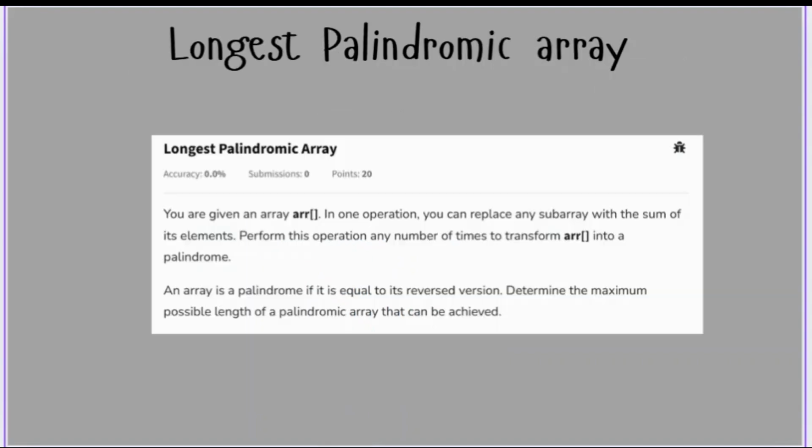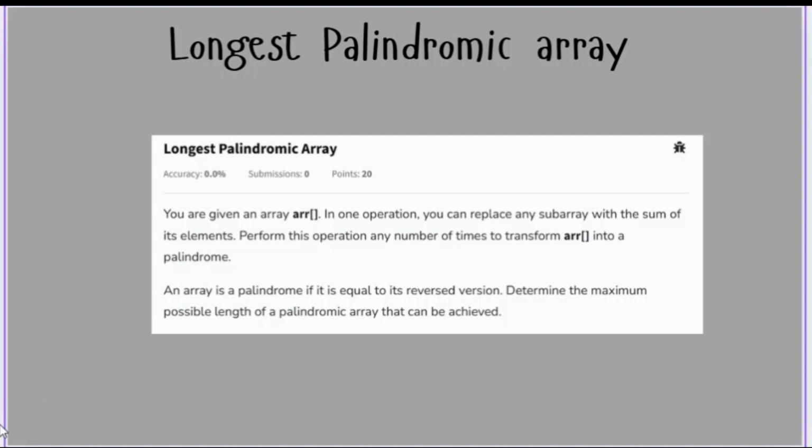Coming to the next question, that is longest palindromic array. Here an array is given. In one operation, you can replace any subarray with the sum of its elements. This transformation can be performed any number of times to transform the array into a palindrome. Our task is to return the length of the palindromic array.